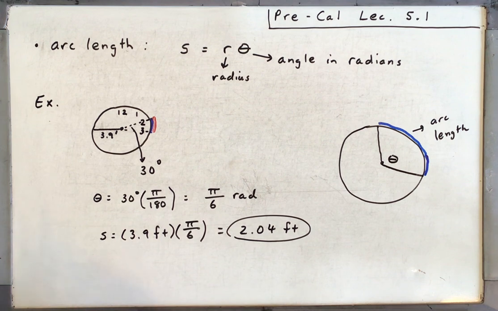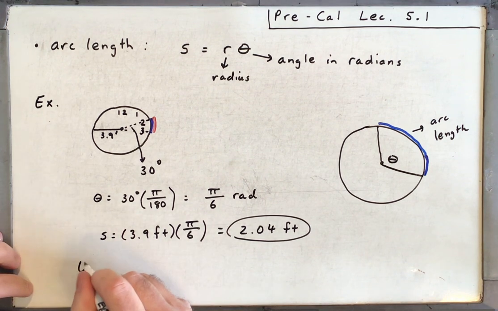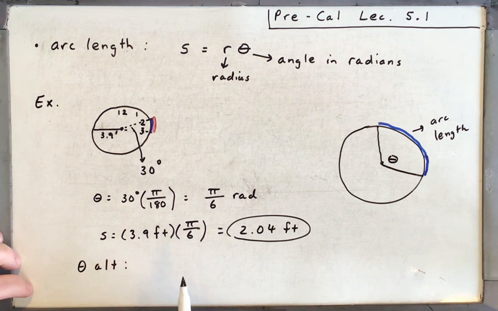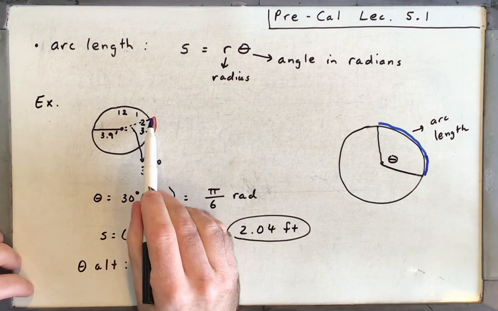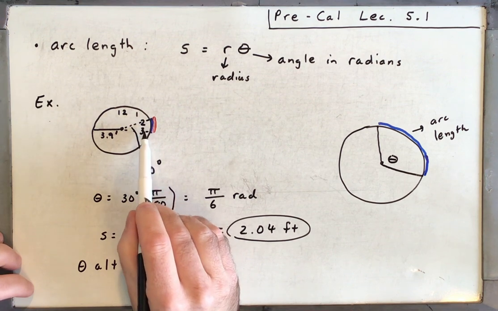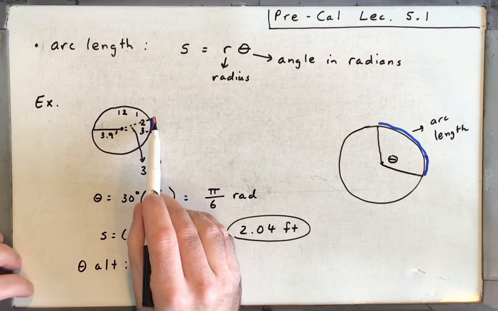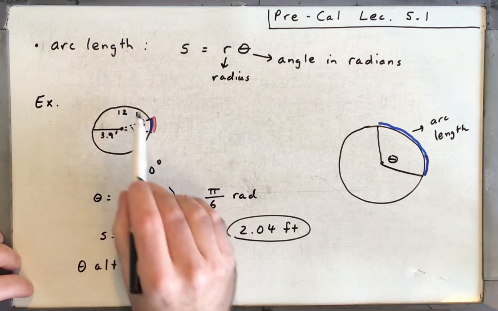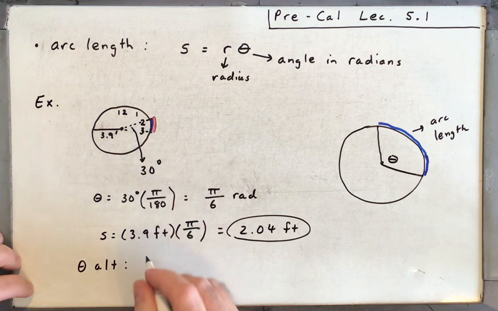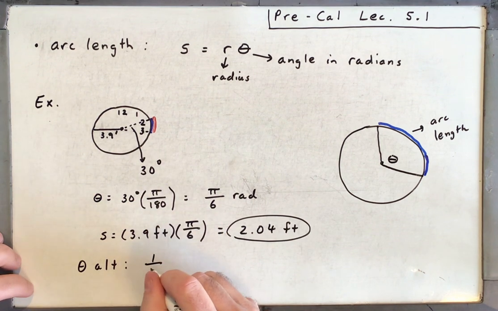All right. So there is, of course, another way to find theta. Let's call this the alternate way that I think might even be easier. What portion or fraction between the 2 and 3 is that of the entire clock? Well, a clock you can divide into 12, so between the 2 and 3 would be 1/12.